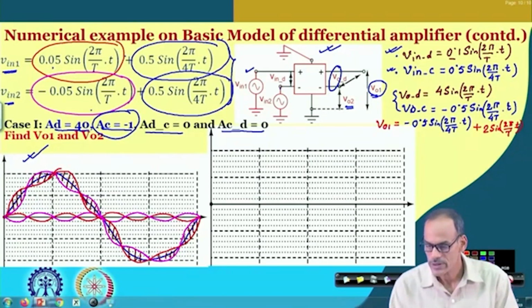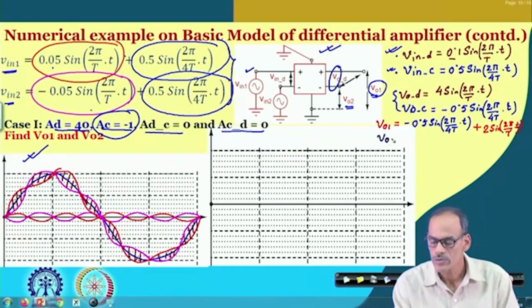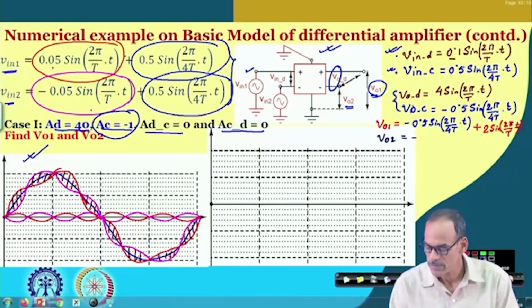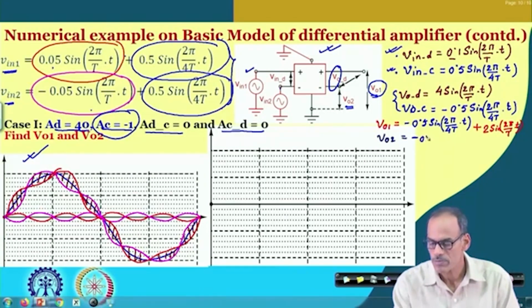So, likewise the other signal, namely VO2, is equal to the same common mode part, minus 0.5 sin 2 pi by 4 capital T into t, and then minus 2 sin 2 pi by capital T into small t.